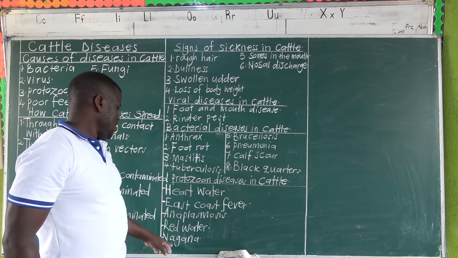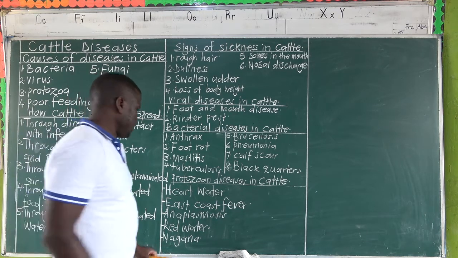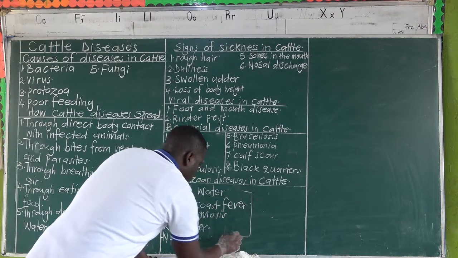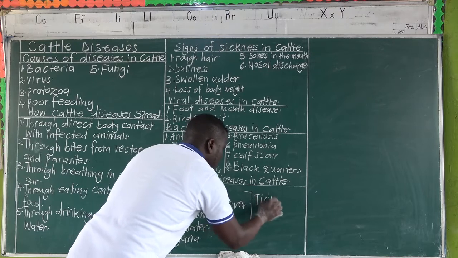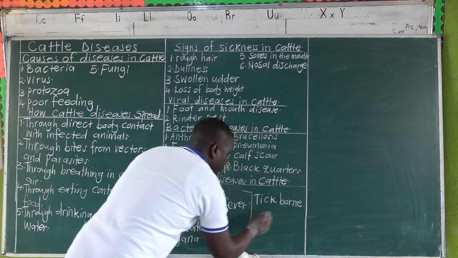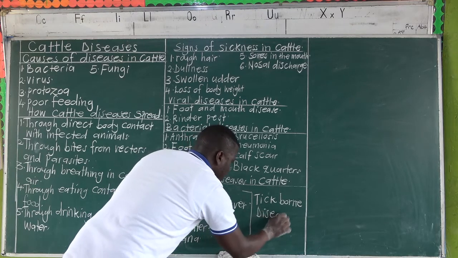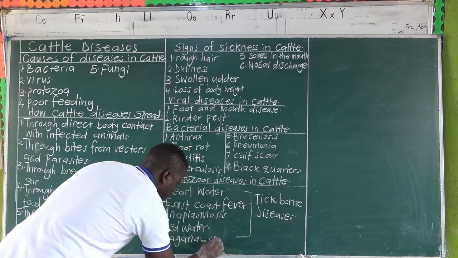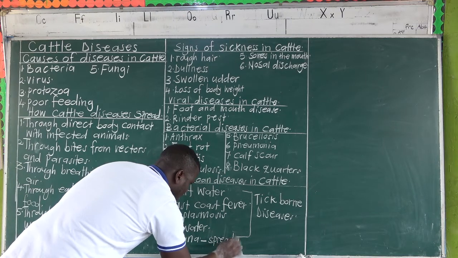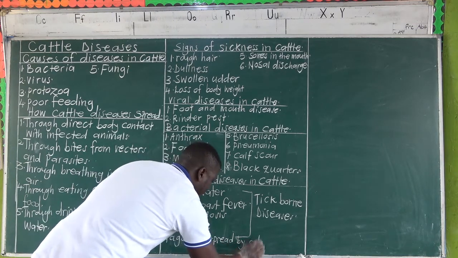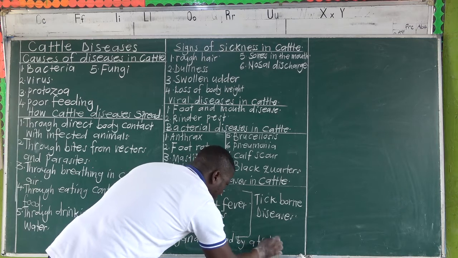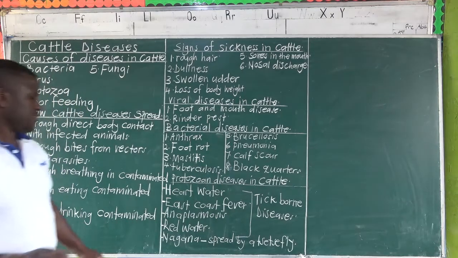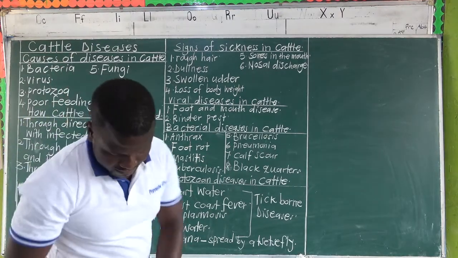They are tick-borne diseases. Then nagana is spread by a tsetse fly.